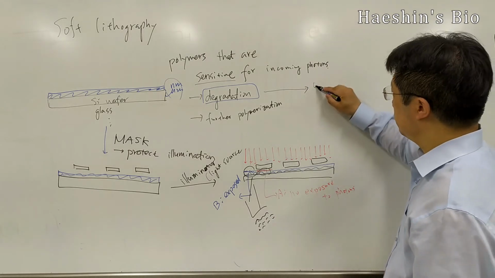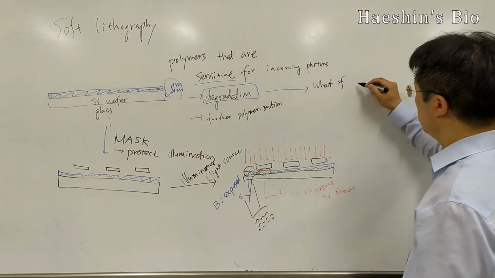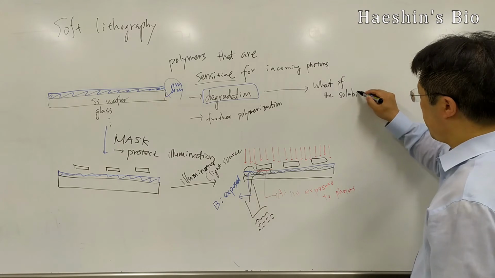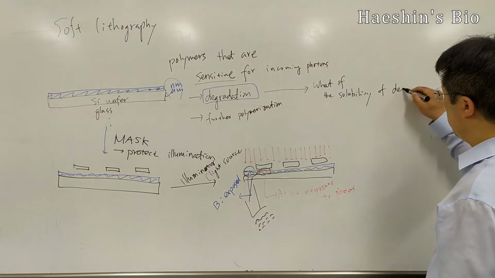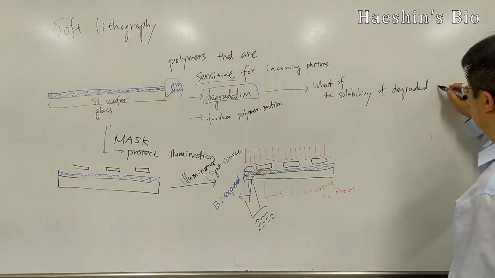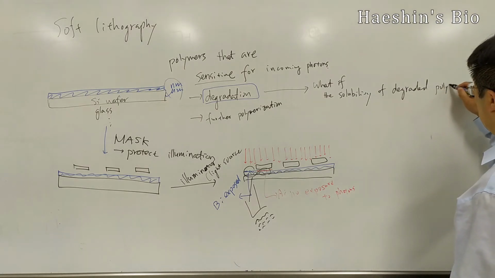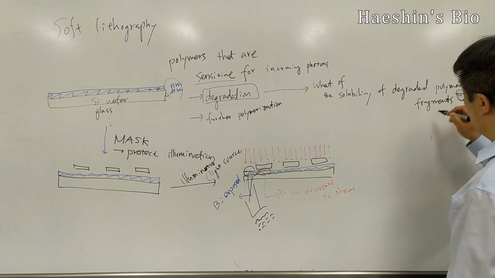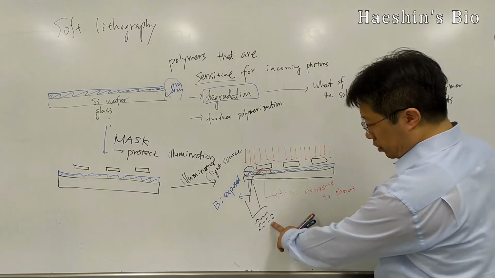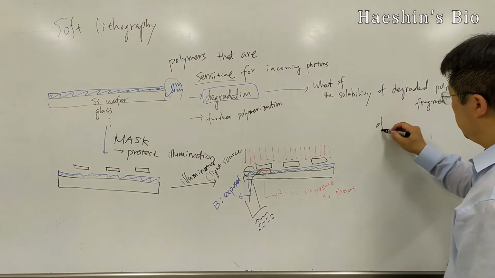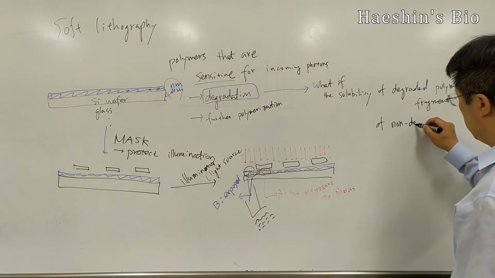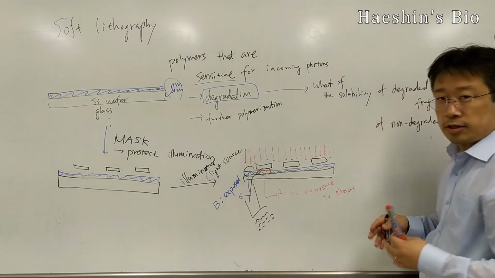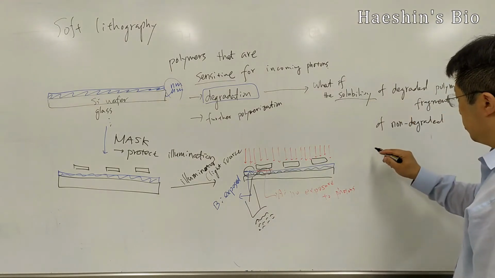So you can say, what if the solubility of the degraded polymer, I should say in this case fragments, and the solubility of the non-degraded part, which is the original, not exposed to the light, are different.